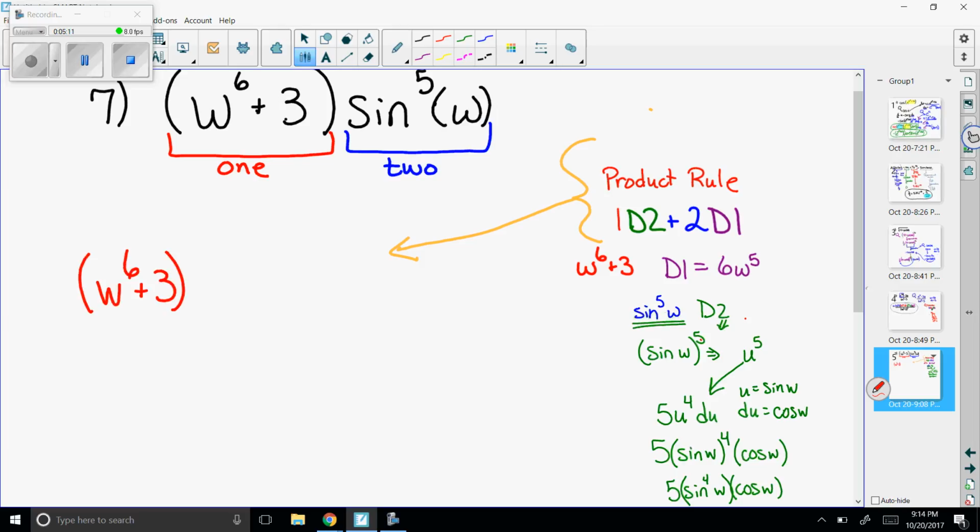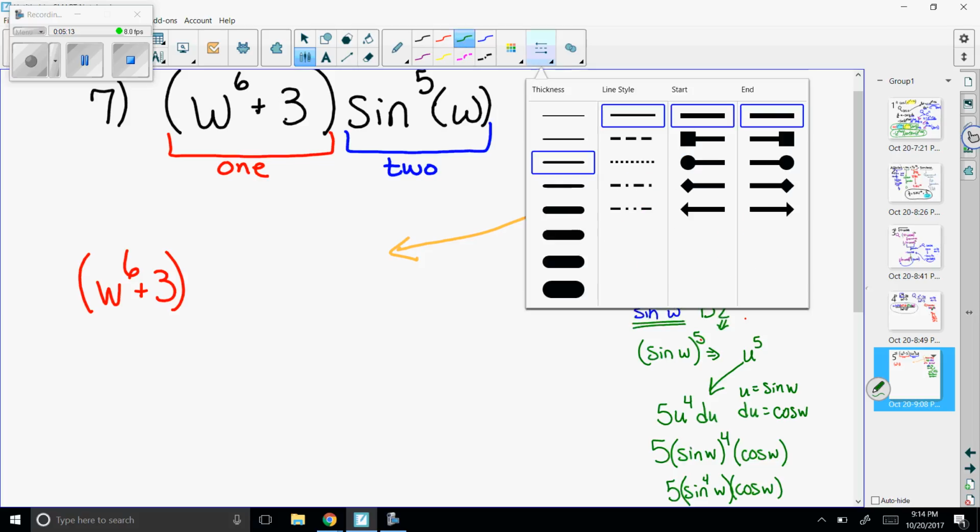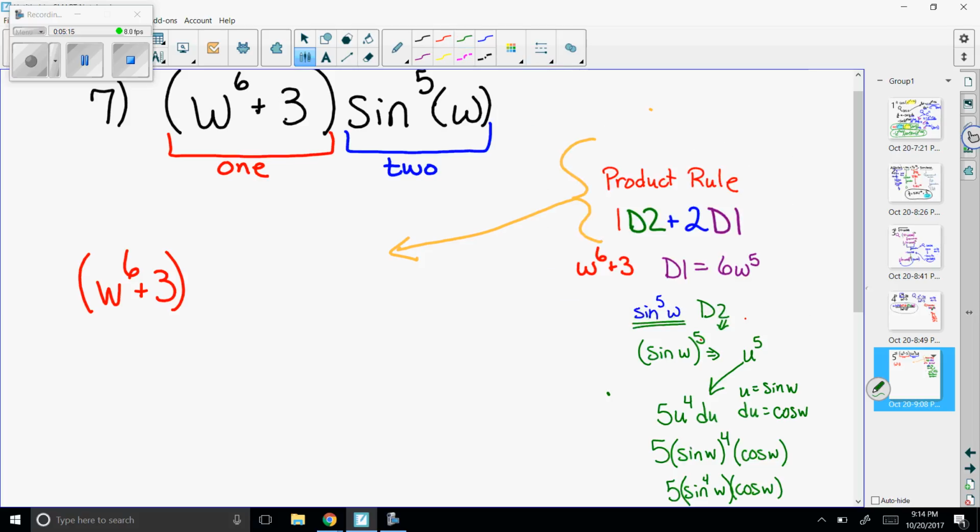Now we want d2, which we found off to the side, and d2 is going to be 5 times sine raised to the 4th of the w value, and then times the cosine of w.